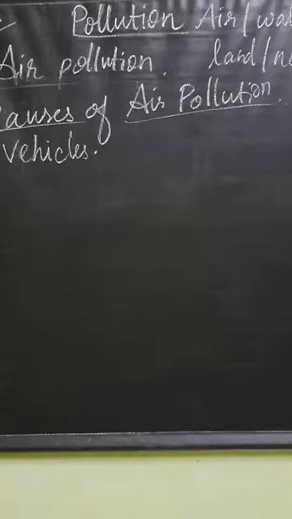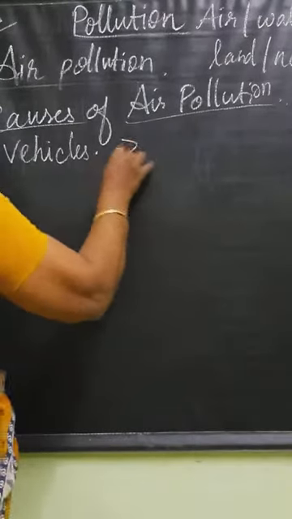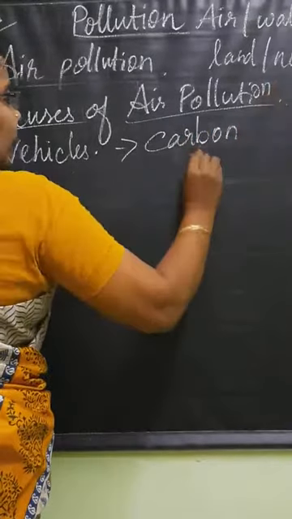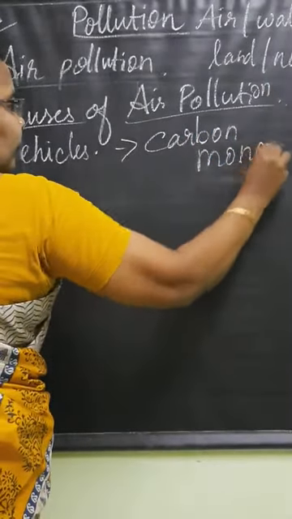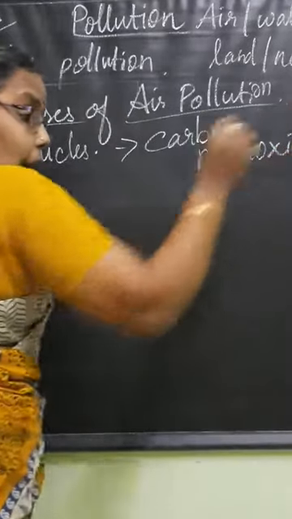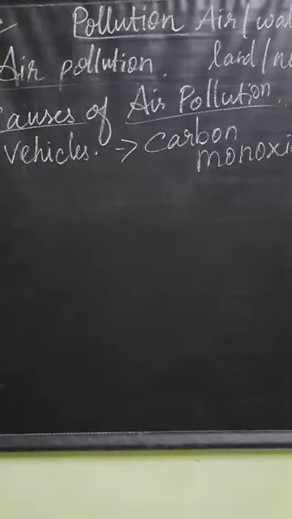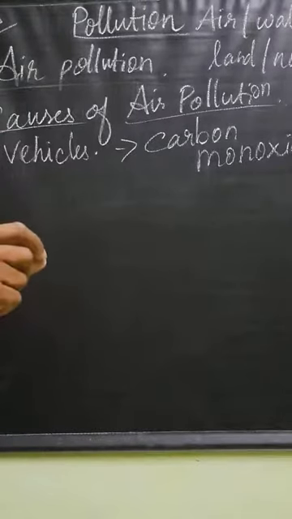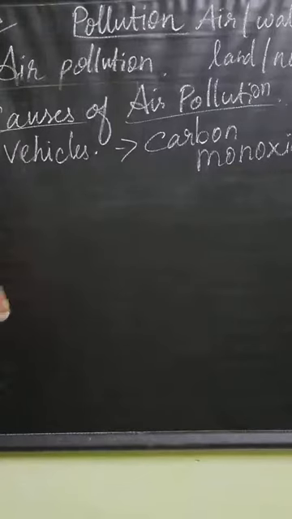So, the smoke coming out from the vehicles is carbon monoxide, isn't it? While we are taking the license, under the Vehicle Automobile Act, we have to submit a certificate that our vehicle is good for operating, that it is functioning well.